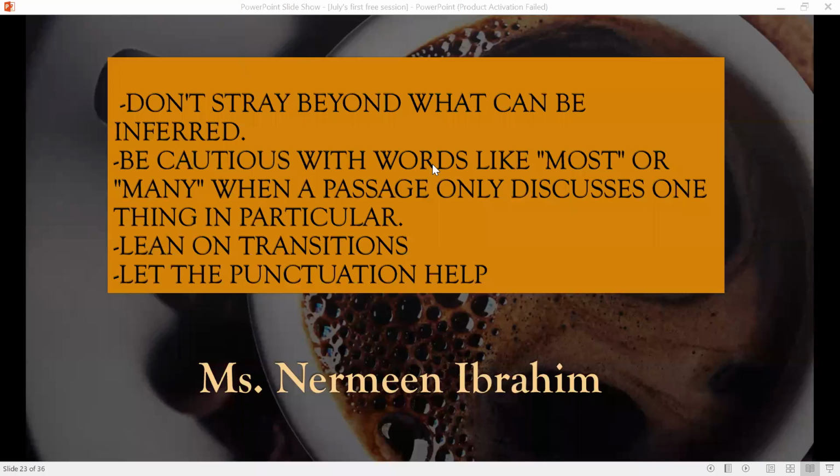Why? Because when you keep rereading the tips and the notes you are jotting down, this will help you believe in the strategy you are using, and you will be more confident when you're applying that strategy or technique.